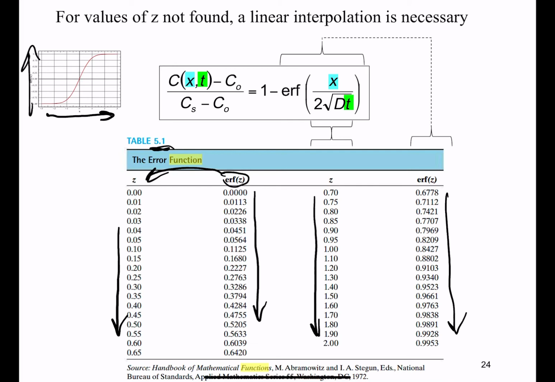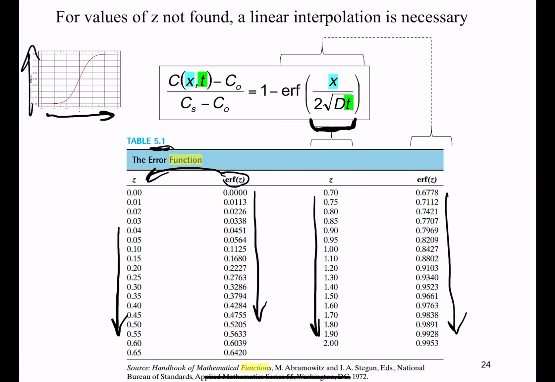So what we see here is that z, as I said a moment ago in my Canadian accent, z, is represented by the pieces in our parentheses. So we're going to take the depth divided by 2 times the square root of D times time, and all of that represents z.